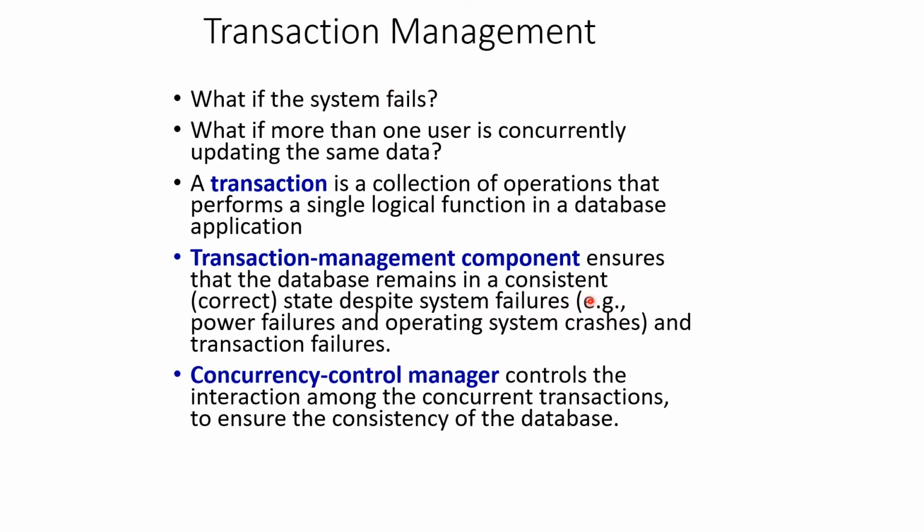Then comes the concurrency control manager. It controls the interaction among concurrent transactions to ensure the consistency of the database. If two people have reading access to the same transaction, it doesn't affect anything.